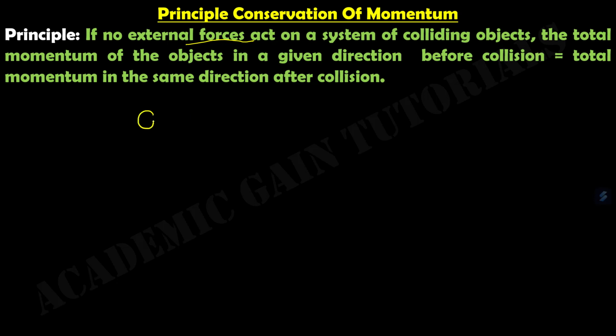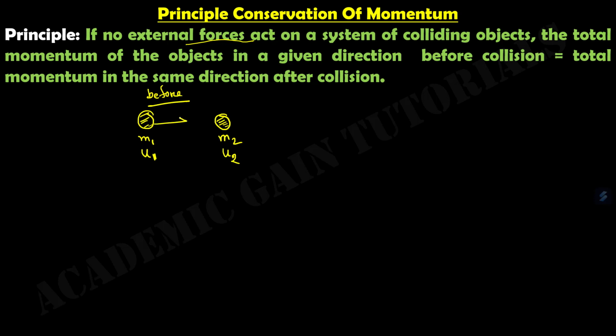Suppose this is an object and the mass of this object is m1 and it has an initial velocity of u1, and this is also an object and this object has a mass of m2 and the initial velocity of this object is u2, and this is the scenario before collision.